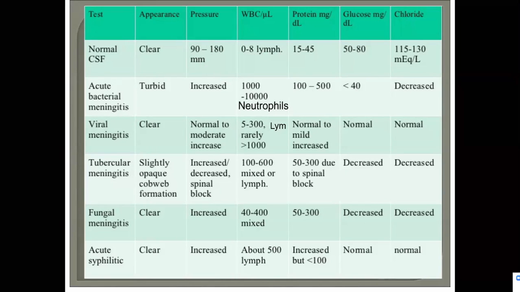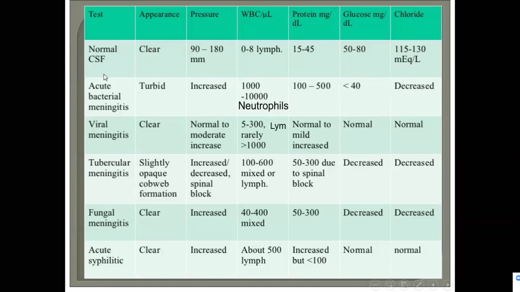Only lymphocytes, no neutrophils. Neutrophils here are an indication of bacterial infection. The protein level, 15 to 45 milligram per deciliter. Glucose, 50 to 80 milligram per deciliter. And the chloride, 115 to 130 milliequivalent per liter.